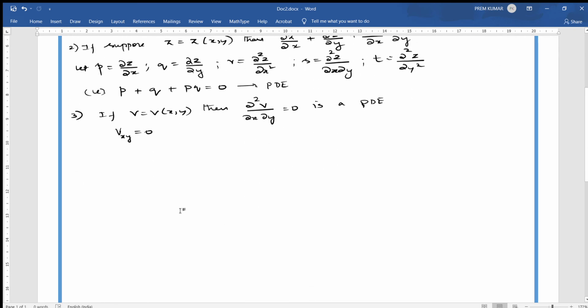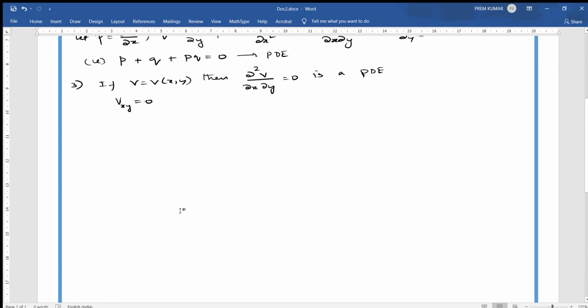Now we are going to see some common types of partial differential equations and also their applications. The first one is the heat equation.